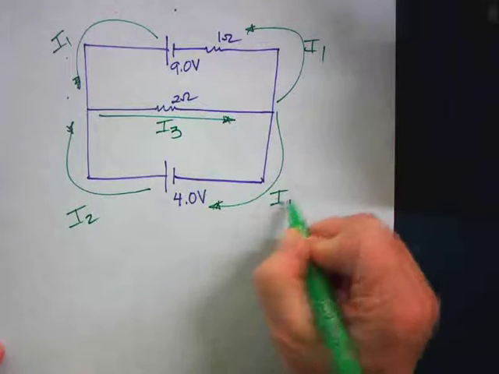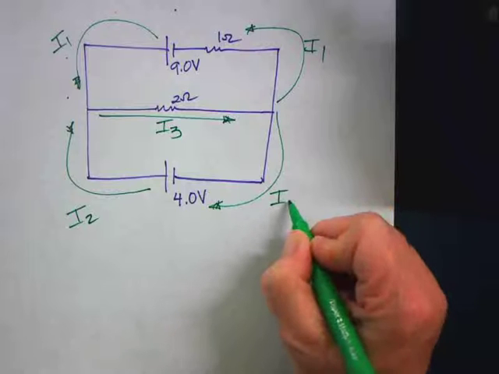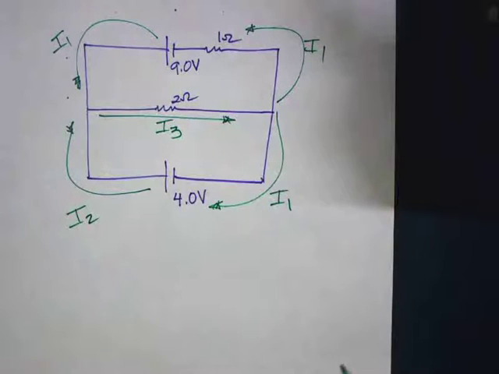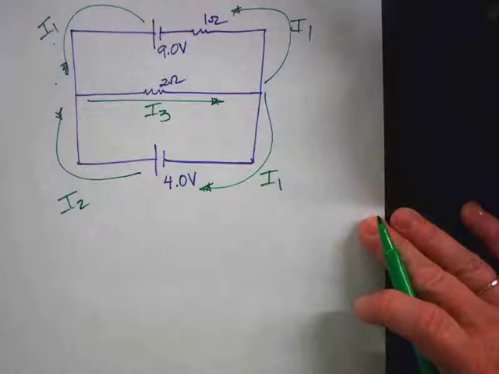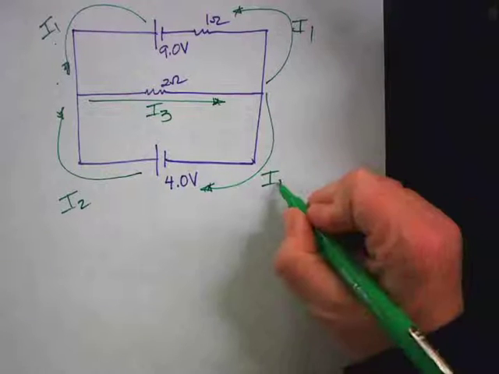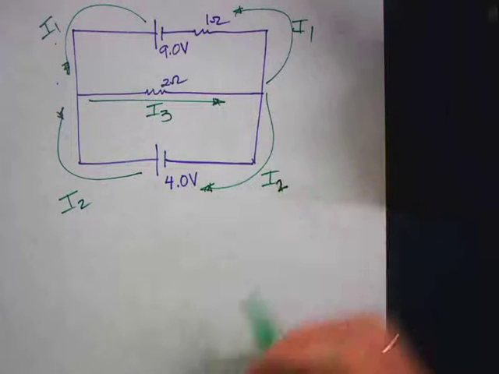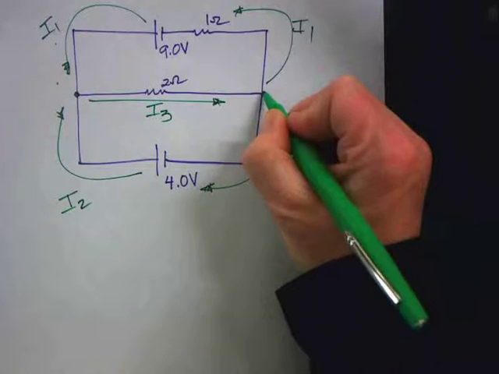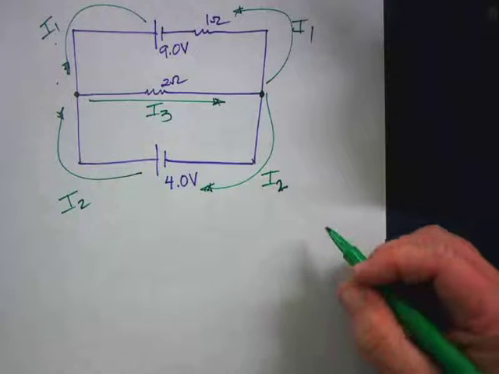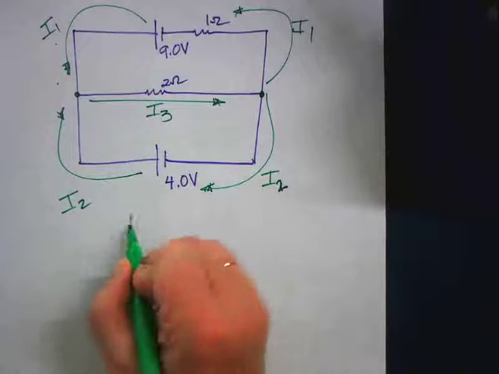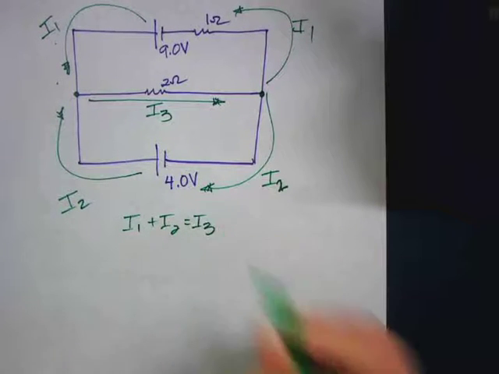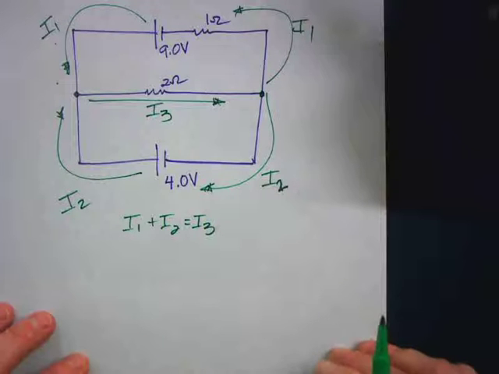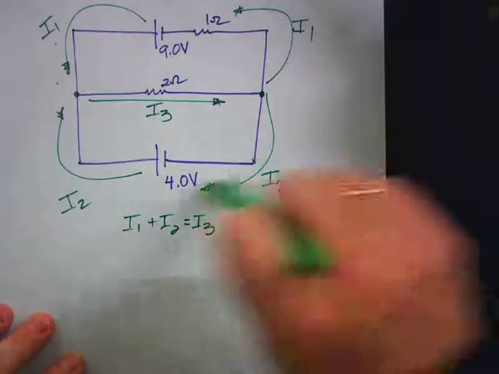So we'll call this I1, I2, and I3. So you have a junction rule and a loop rule. The junction rule then would be I1 plus I2 equals I3, right?